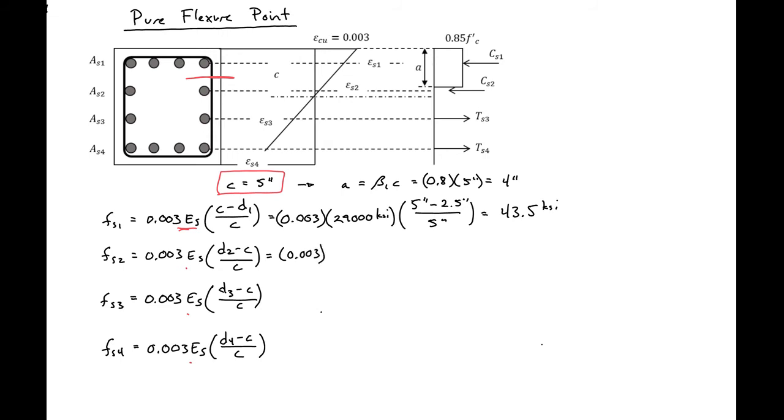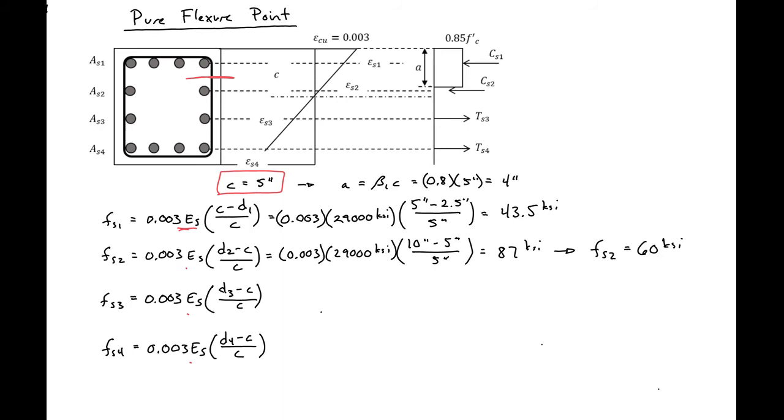Our second layer of steel, 0.003 times 29,000 KSI times (10 minus 5) over 5, is equal to 87 KSI. So we know that our second layer of steel is yielded.